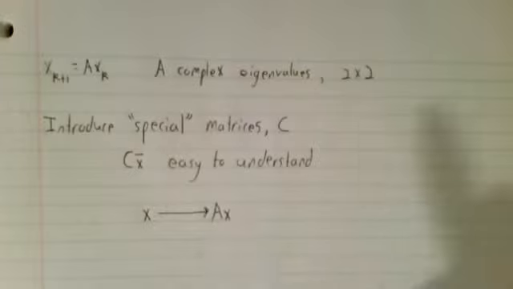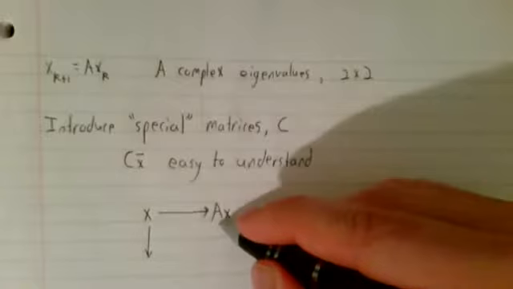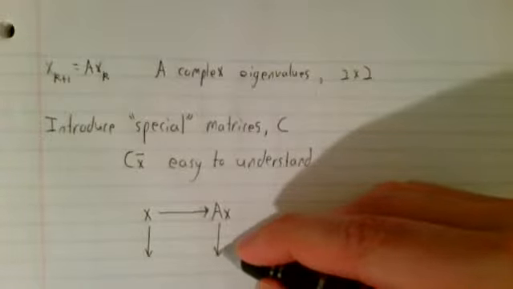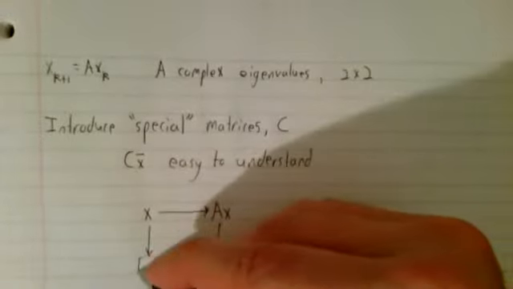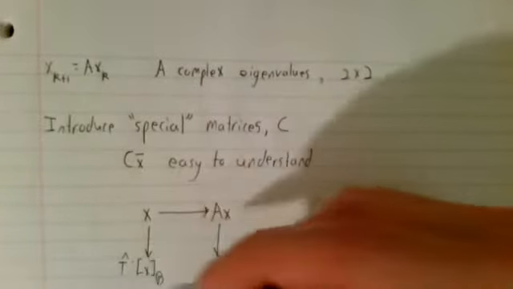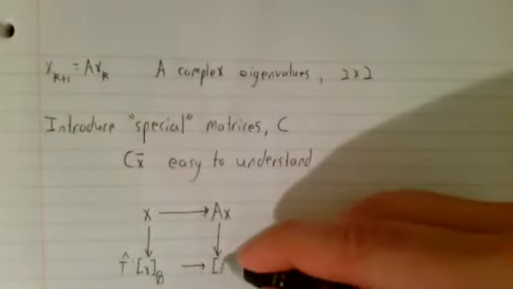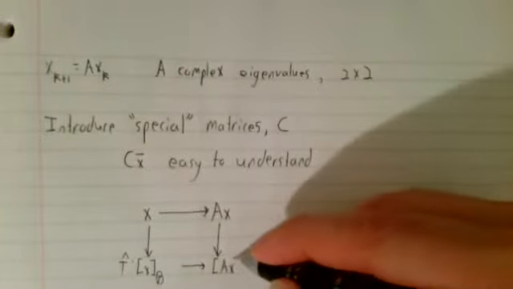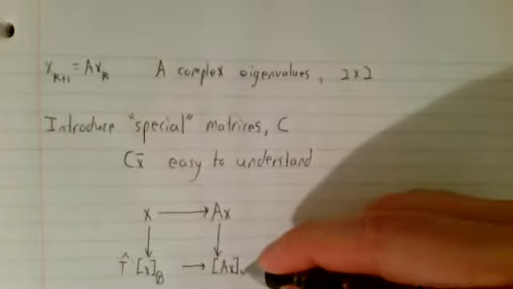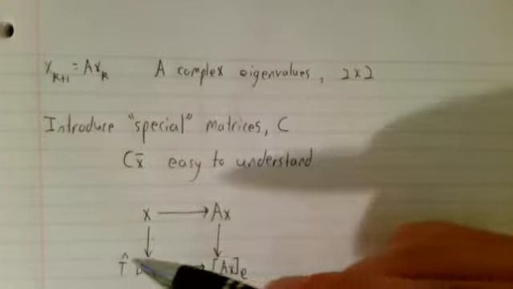The way we're going to approach this is by doing an appropriate change of basis, and then looking at this transformation, which we've called T tilde.